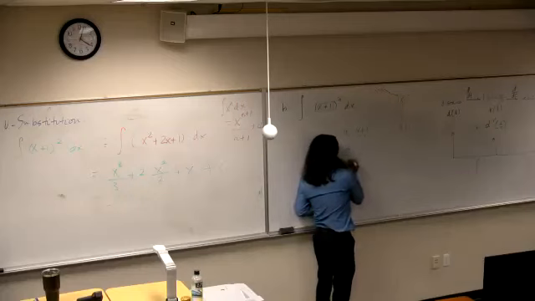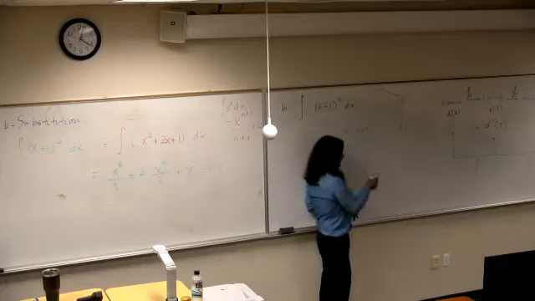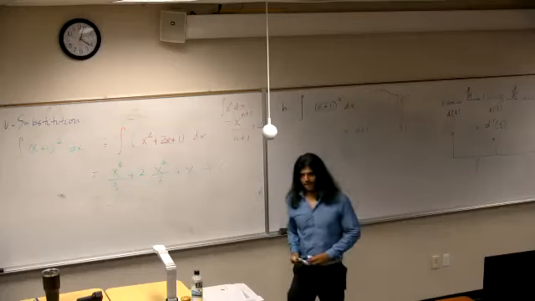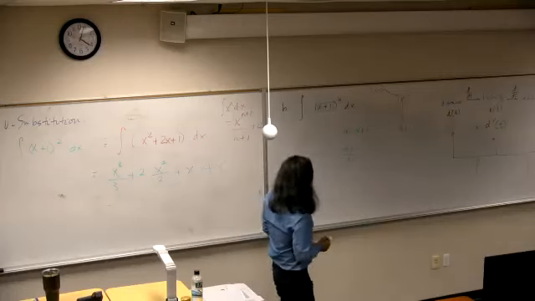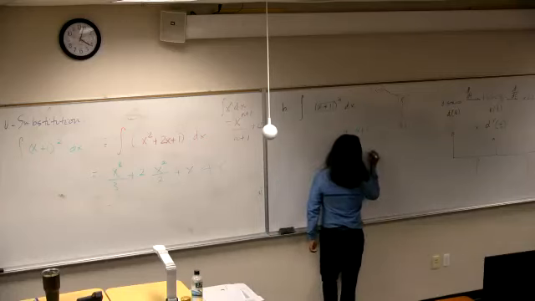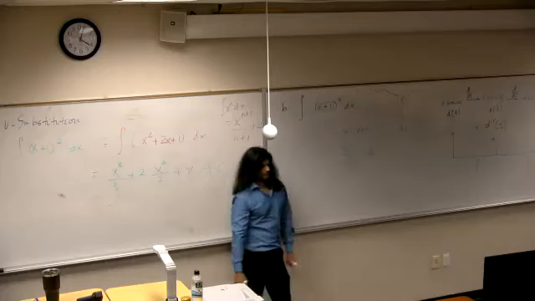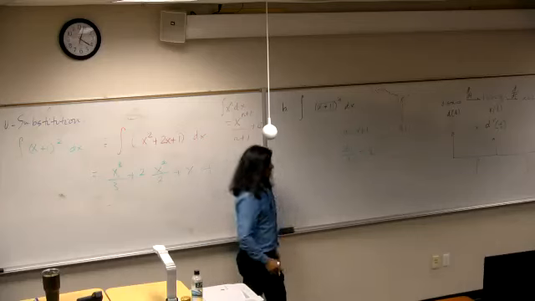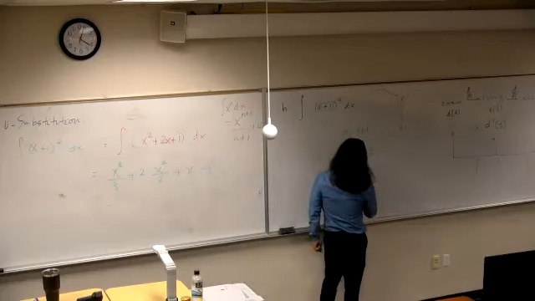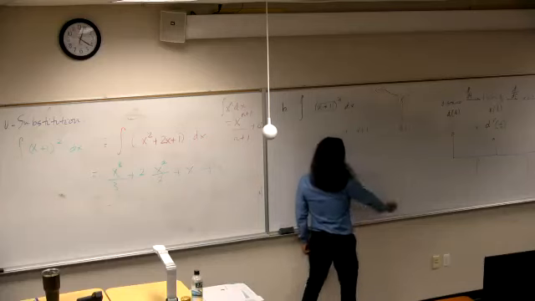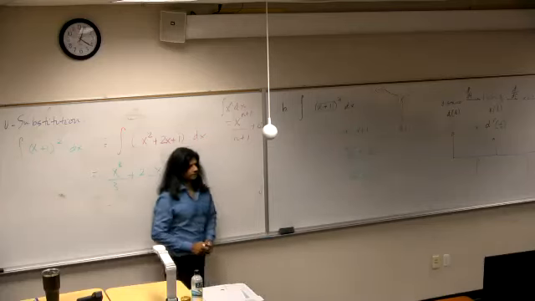What is the derivative of u with respect to x? 1. Derivative of that is 0, so just 1. I can rewrite du equals dx. Good?